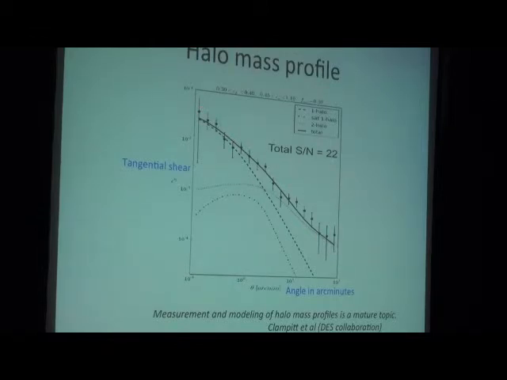And this is a relatively easy measurement these days to do. You can make this measurement, you can decompose it into a 1 and 2 halo term, and you can also model additional effects in it. Any questions about this? Okay, so to summarize, we can measure the mass profile of a typical galaxy halo, and we can measure the mass associated with it all the way into the linear regime with this one measurement.